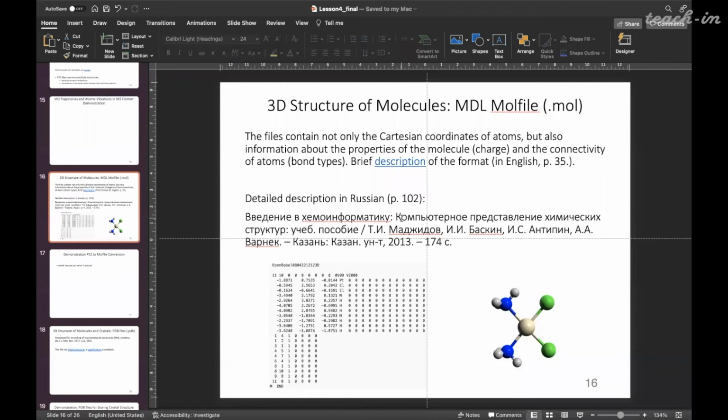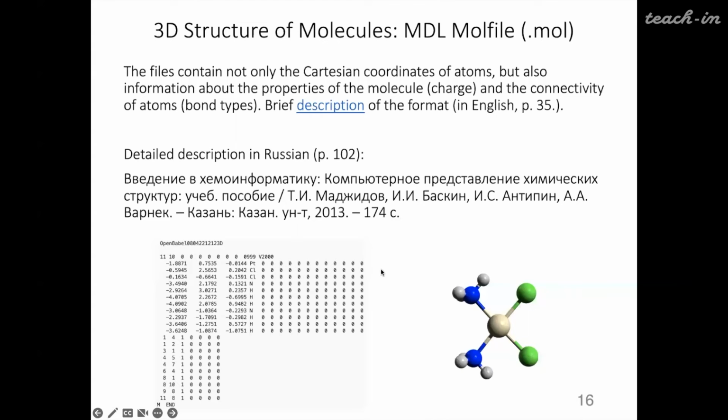So every MDL mol file has a block structure in which we have atomic Cartesian coordinates, element symbols, and data on atom connectivity.